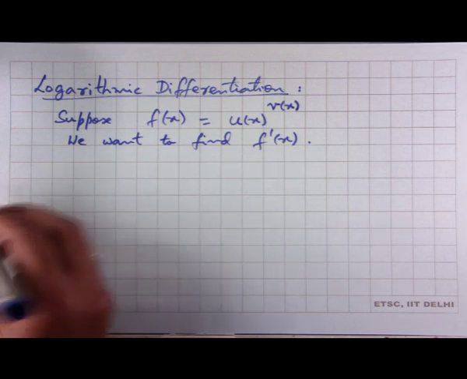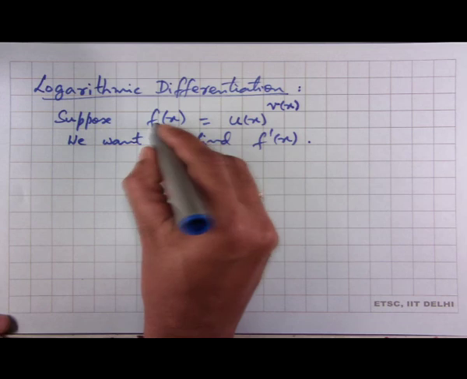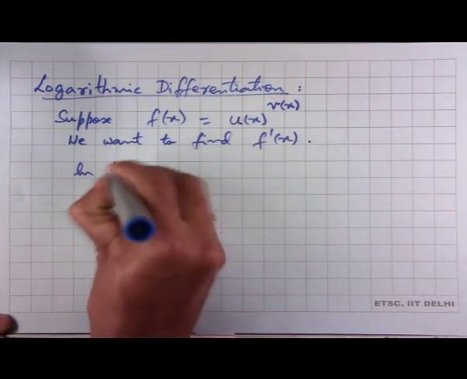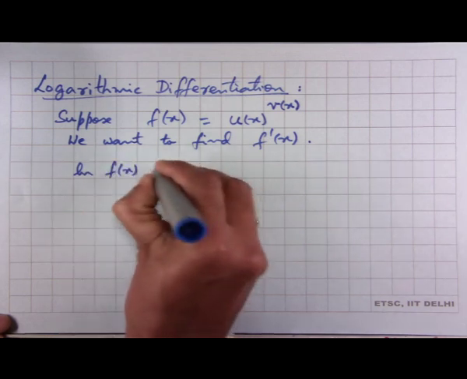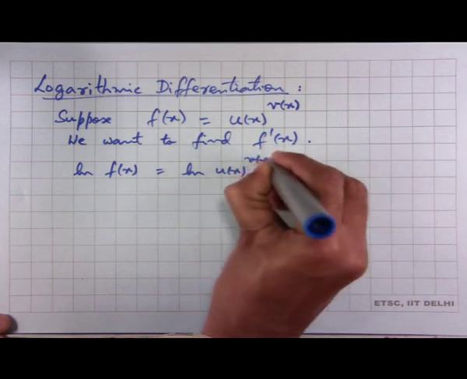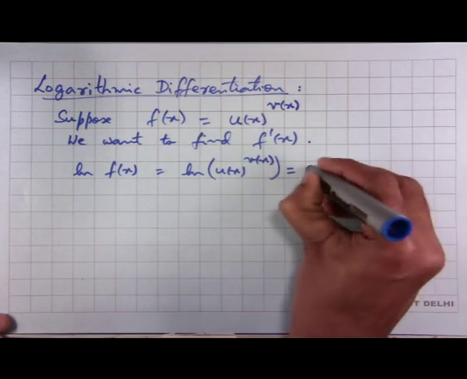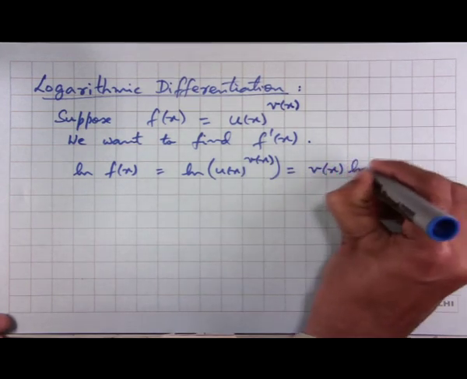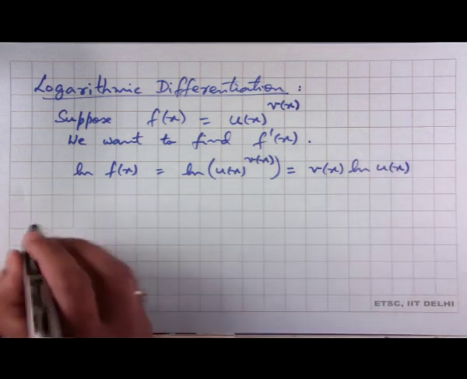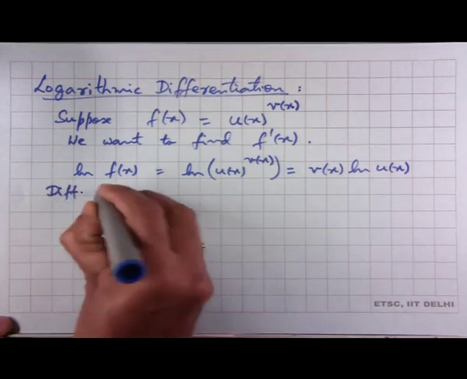Then we do the same thing as we did for the previous example. So, we take natural log to both sides. So, we have ln of f x is equal to ln of u x to the power v x, and by the property of logarithm this is the same thing as v x ln of u x, and now we differentiate both sides with respect to x.